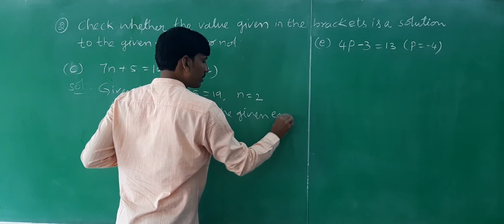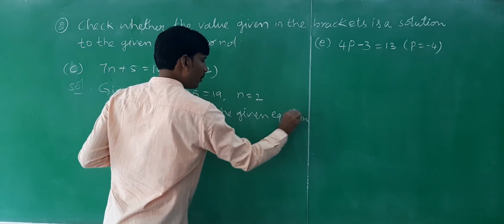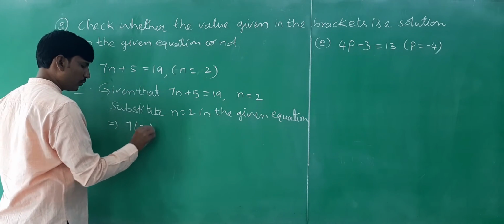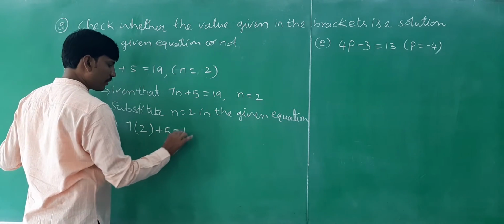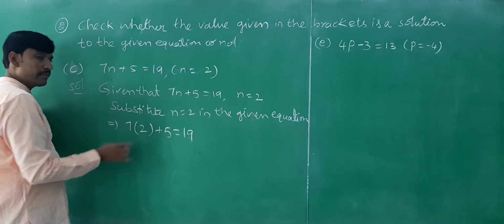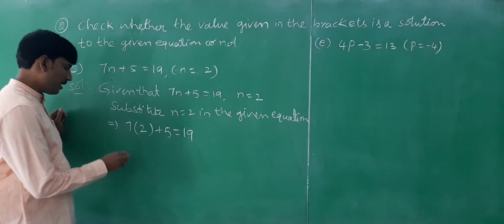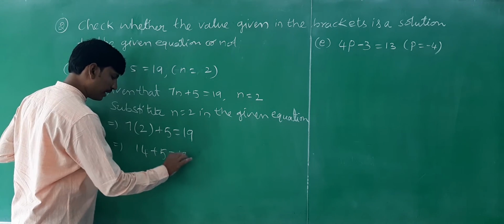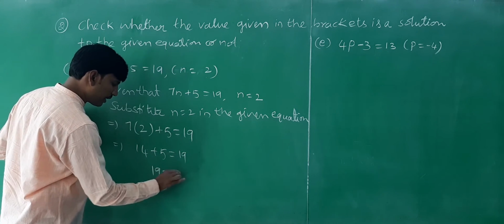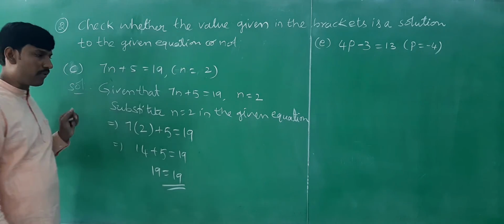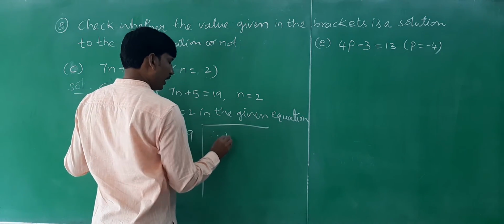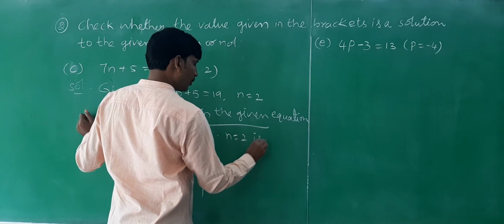Which implies 7 into 2 plus 5 is equal to 19. Bracket is nothing but multiplication. Now 7 2s are 14, plus 5 is equal to 19. So here we got 19 is equal to 19. Both are equal.